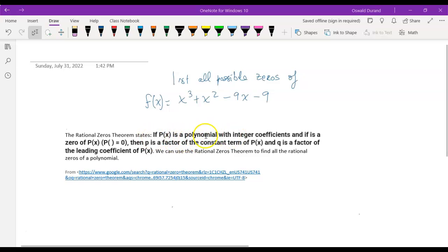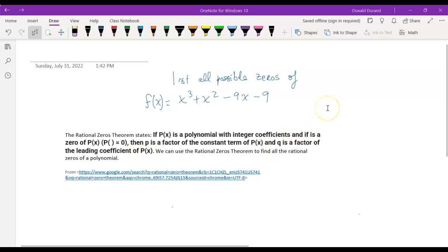If p of x is a polynomial, and the p of x, I mean f of x here, with integer coefficients, and here we have integer coefficients. For x cubed you have 1, for x squared you have 1, for the x term you have -9, and for the constant you have -9, right? And if it is equal to 0, then p is a factor of the constant term of p of x, and q is a factor of the leading coefficient of p of x, right?